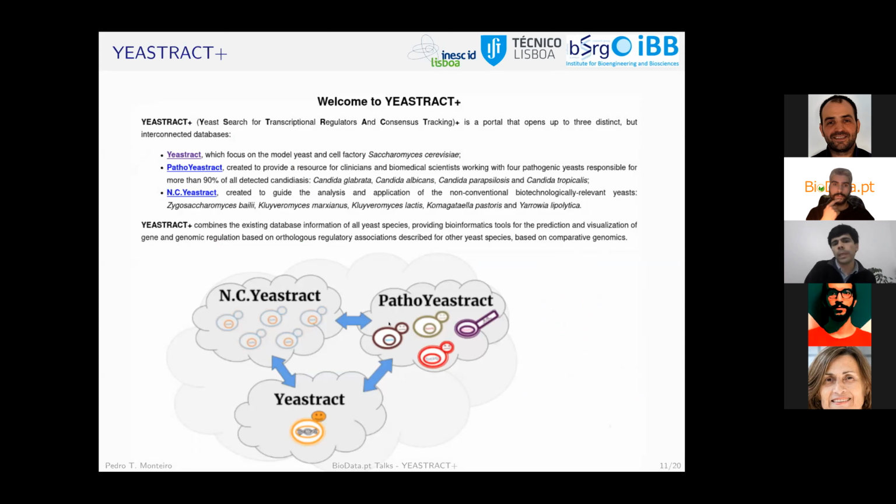The main idea is that now we have everything in the same place, and we can link the homologous genes between them and extract information or the network for the most studied yeast, Cerevisiae, and try to infer some networks on the less studied yeasts, for example.